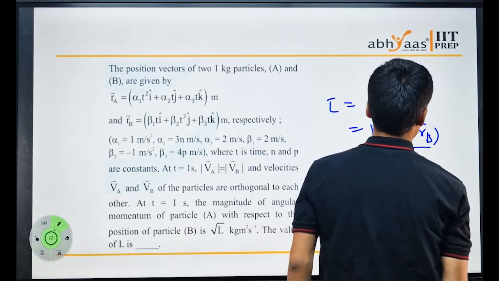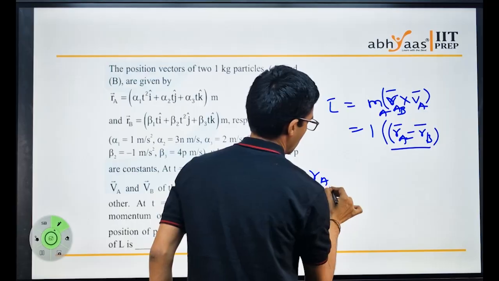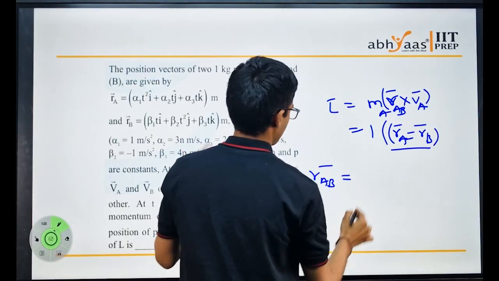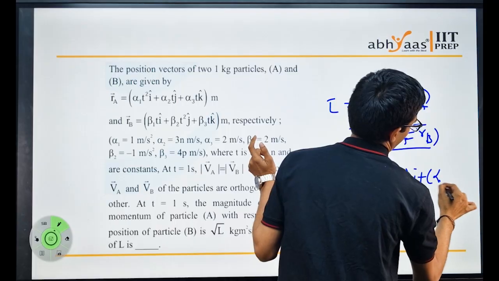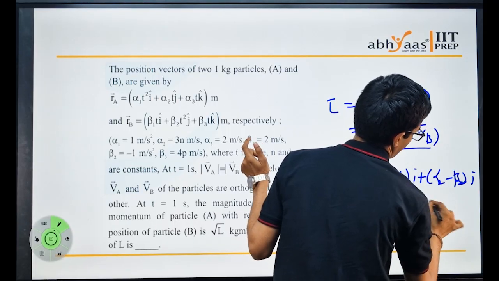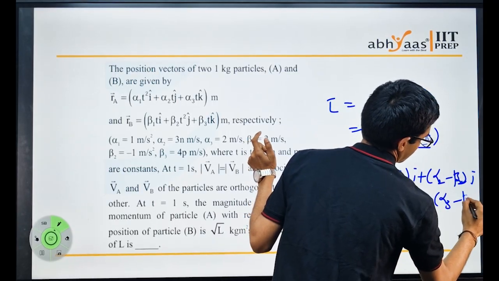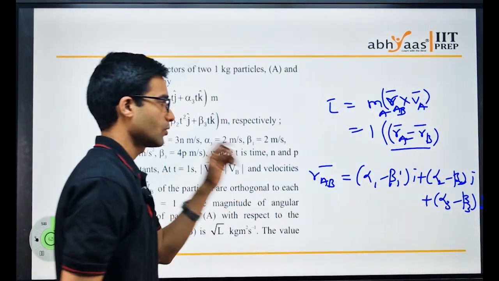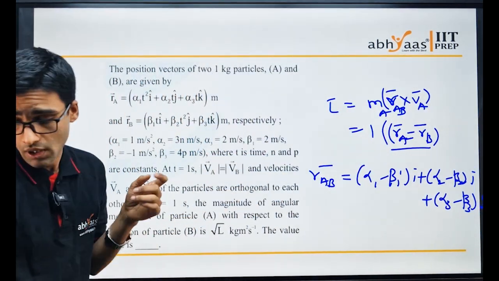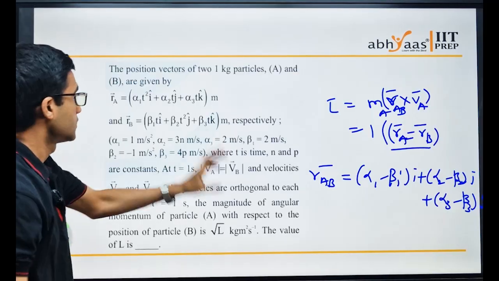So finally RAB, you just calculate, that is alpha 1 minus beta 1 i cap plus alpha 2 minus beta 2 j cap plus alpha 3 minus beta 3 k cap. We just calculated the n values and p values, just substitute in this.